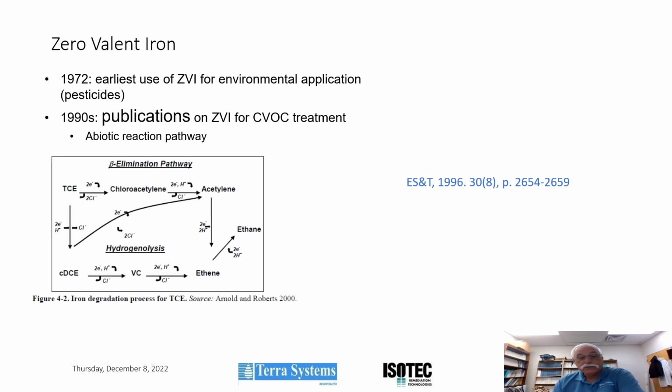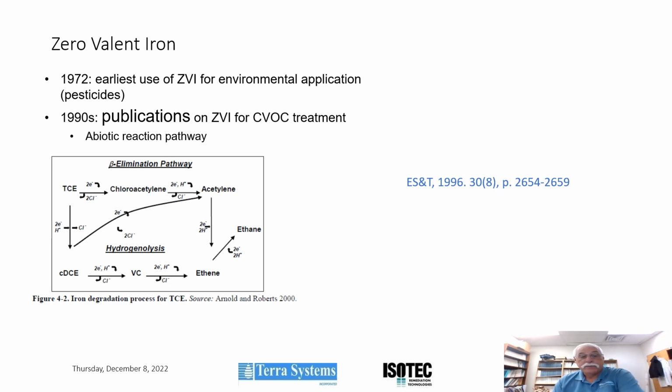The first publications were back in 2000 on showing the iron degradation, or ZVI process, transforming some TCE to chloroacetylene and acetylene, so it's avoiding some of the side reactions producing cis-DCE and vinyl chloride.